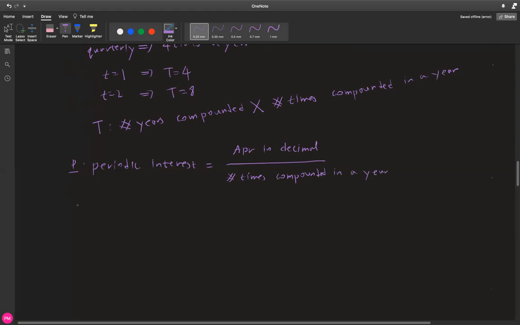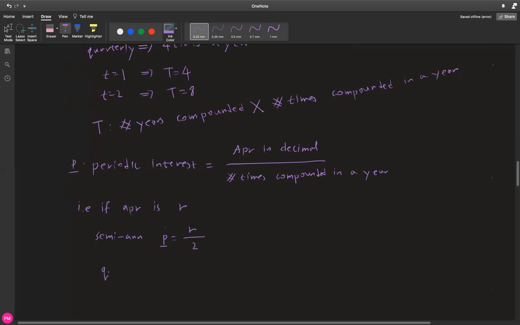So in other words, if APR is given as R, this is a decimal, then for semi-annually, you would have P equals R over 2.